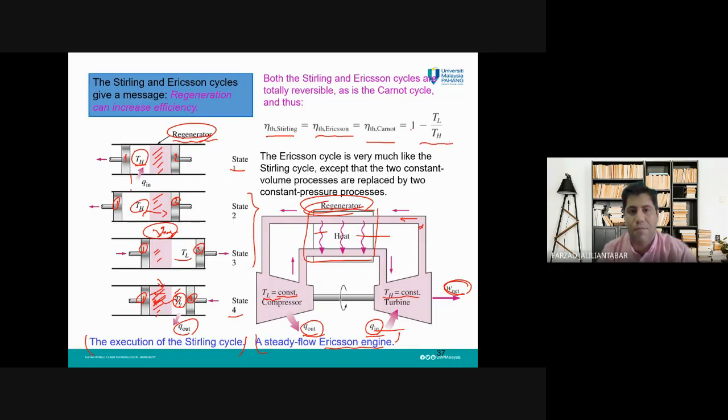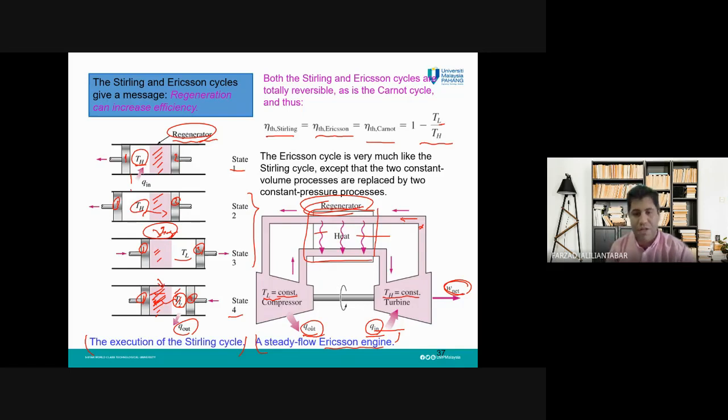And you know how we can calculate that? 1 minus TL divided by TH, where TL is the minimum temperature of the gas in the cycle and TH is the maximum temperature of the gas in the cycle.